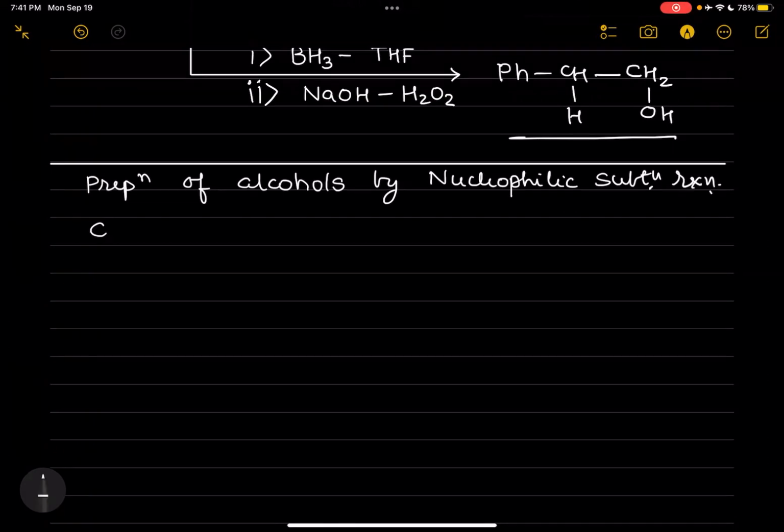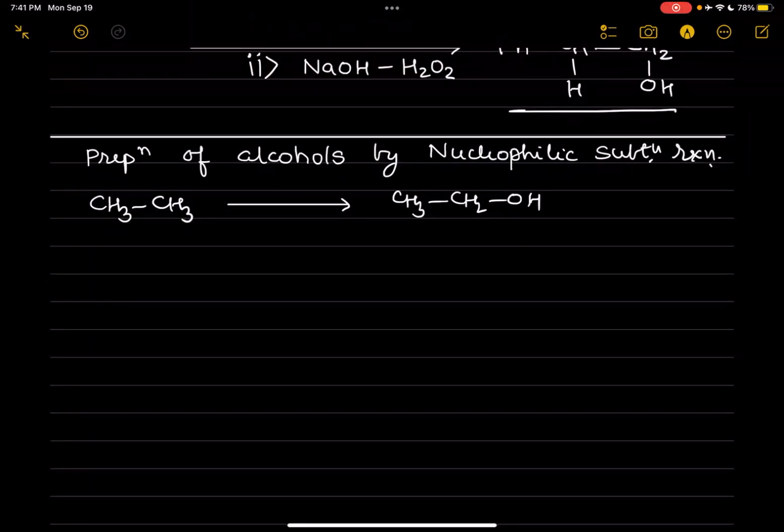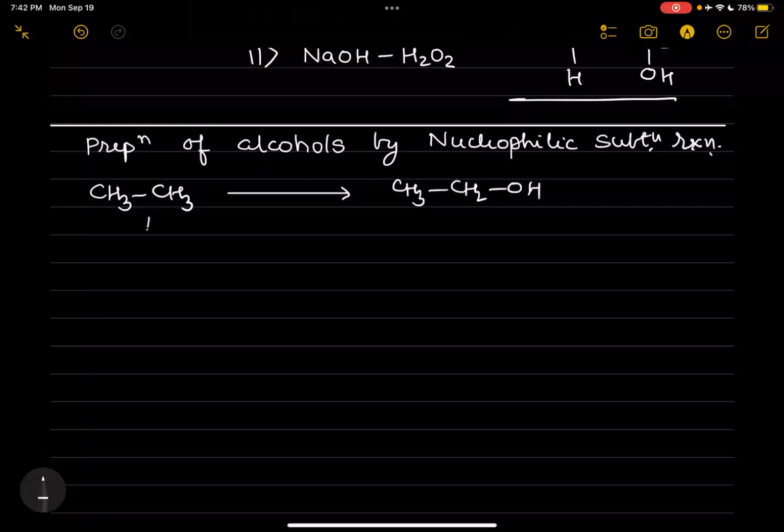Okay, so suppose you are having ethane, how will you convert it to ethanol? Yeah, tell me. This is not an alkene where you can put water directly.